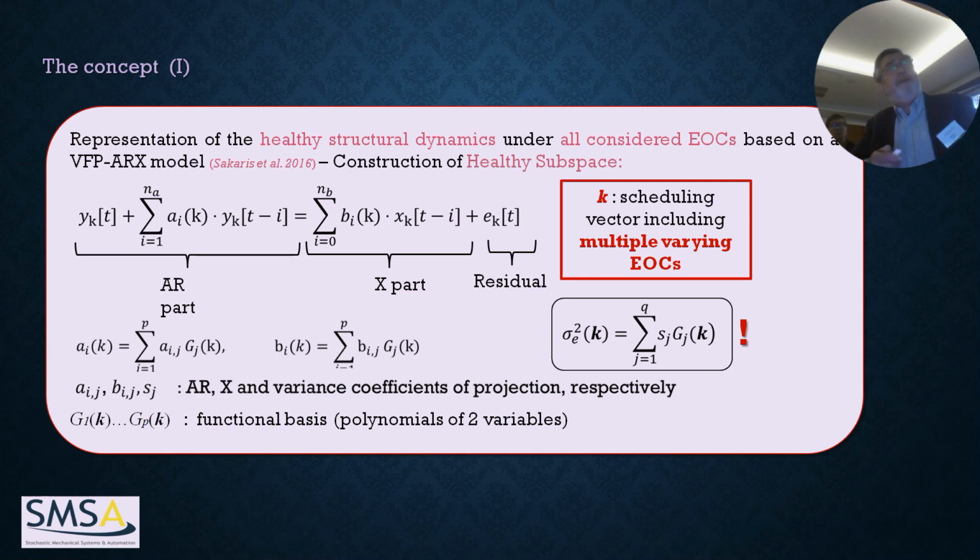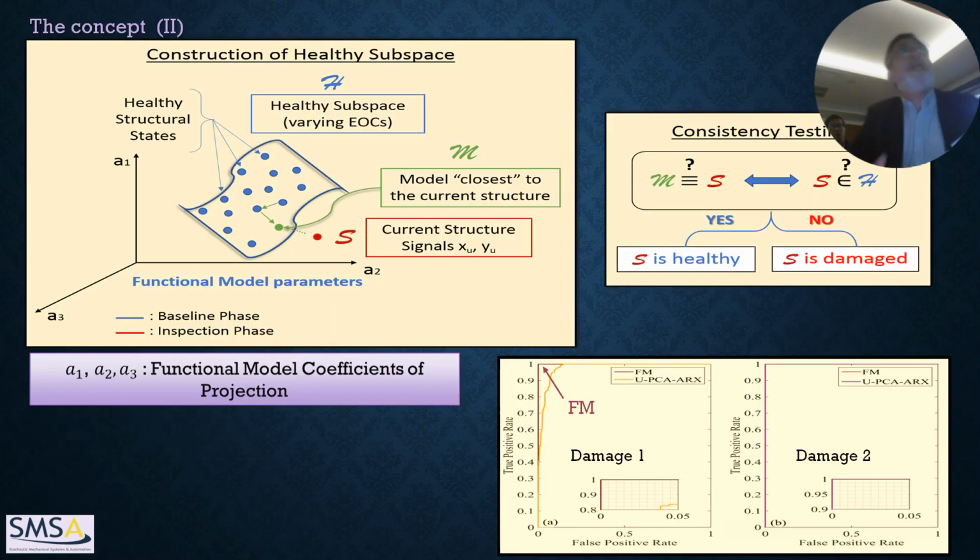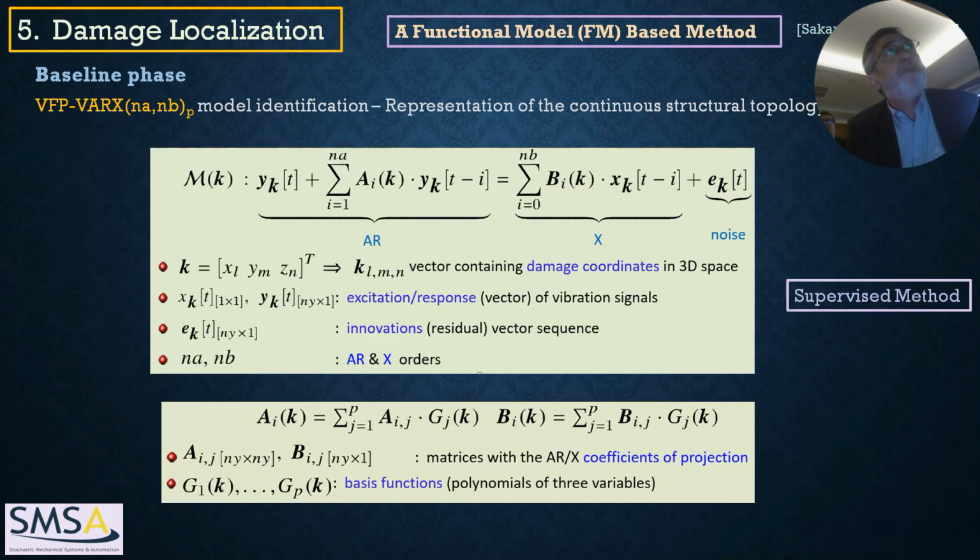And then you have parameters that are functions of the uncertainty vector. And through this, you can essentially accommodate the effects of uncertainty. And here, if you apply this technique, then we're getting results that are very, very close to the ideal, essentially coinciding with the ideal in this case, and also in this case, which is small damage and larger damage. So this is also a very promising approach for solving the problem.